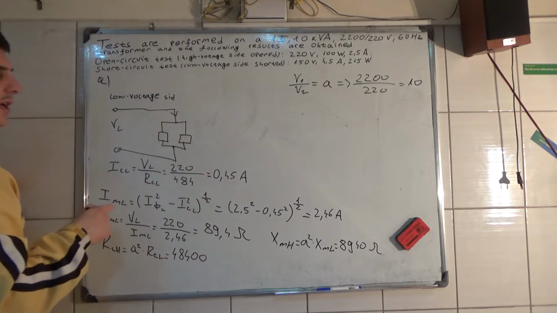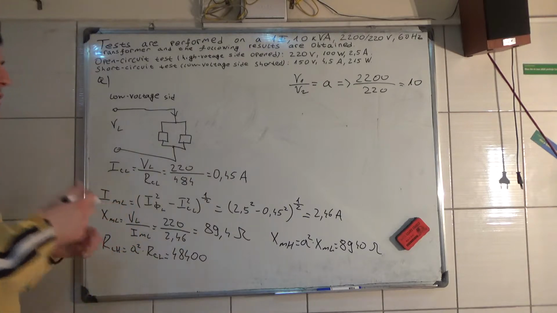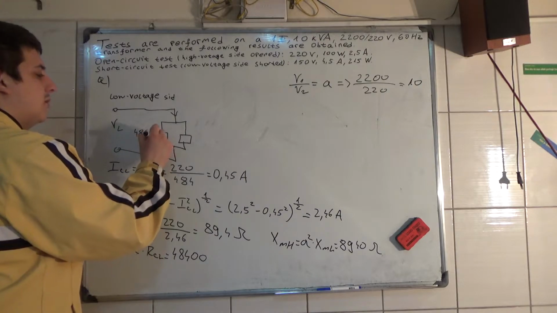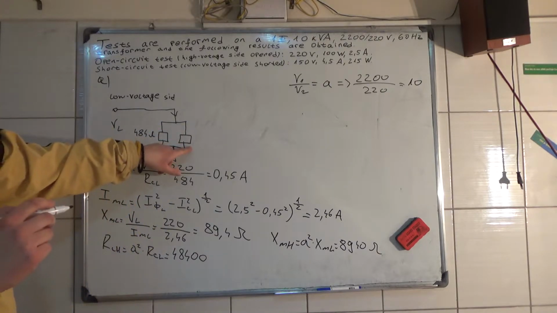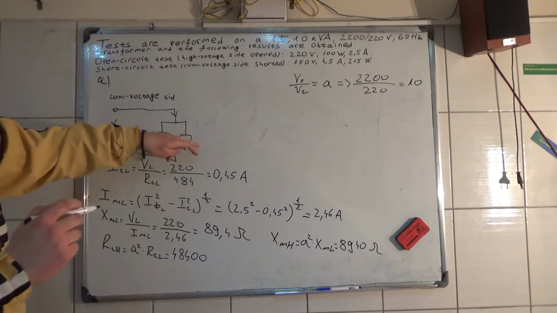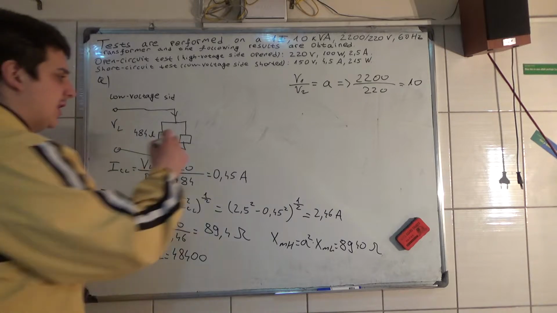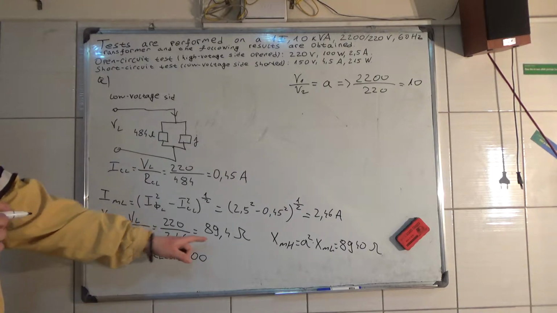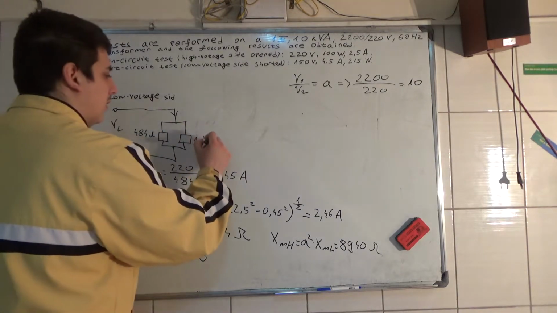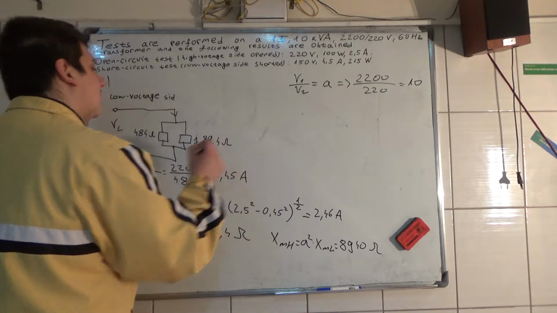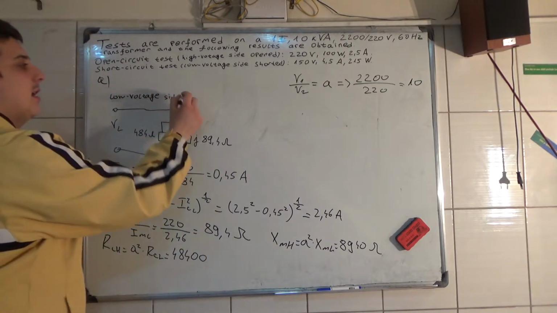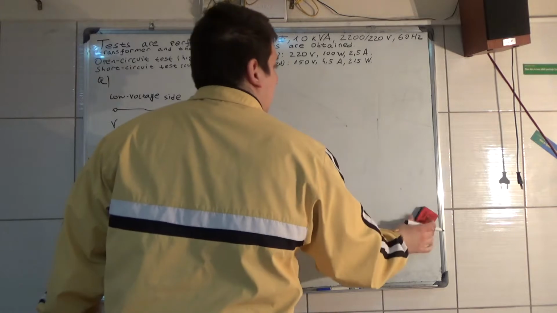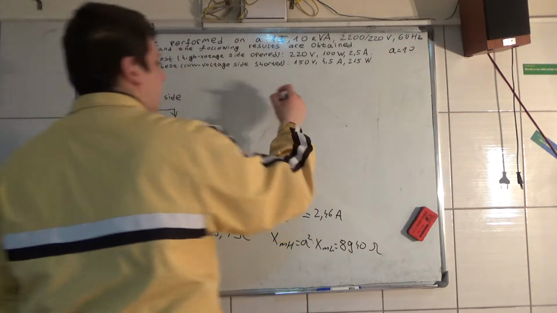The impedance of the core loss is resistive, so we just put here 484 ohms, and the impedance of the magnetizing branch, XM, is equal to imaginary number, small letter j, and from the low voltage side 89.4 ohms. So this is the low voltage side, and the turns ratio to the high voltage side is equal to 10.